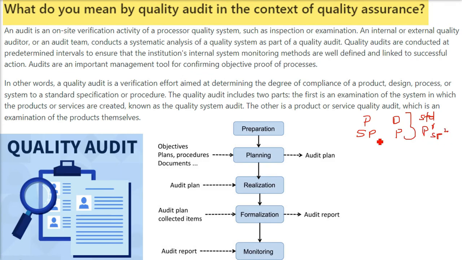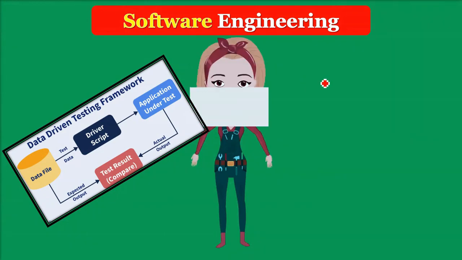The first is the examination of the system in which the product or services are created, known as the quality system audit. The other is the product or service quality audit, which is the examination of the products themselves. The first is about the products and services, that is, the processes. The second is actually checking the product or the service, meaning actual examination. Okay, this is all about this discussion.